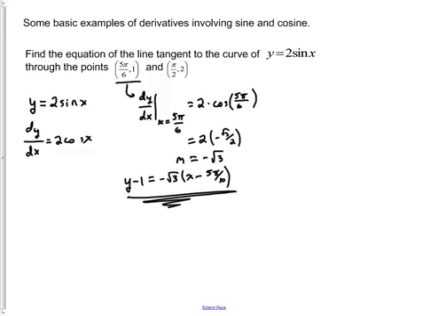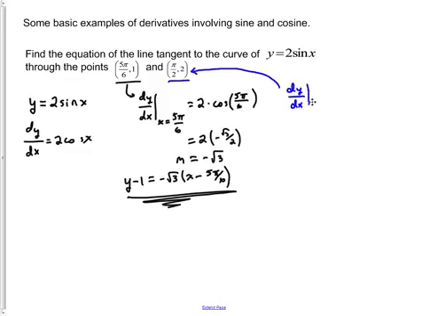All right, let's try it again. This time, let's use our other point that we're given, pi over 2, comma 2. That's our x and y value right here. So evaluating our derivative at the point pi over 2, let's figure out what's going to happen.